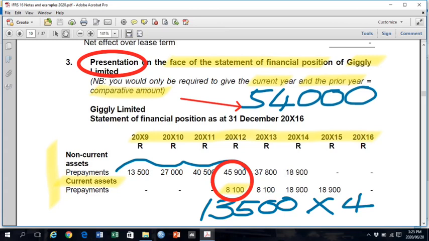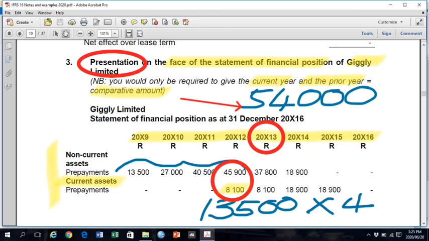In 20x13, in year 5, 8,100 of that balance at the end of year 4 will move as a credit entry in the opposite direction out of the prepaid expense account when you start utilizing this prepaid balance that the lessee has built up over 4 years. So yes, the 8,100 is a credit out of the account in year 5 only.